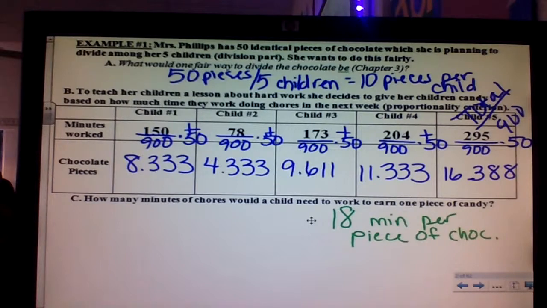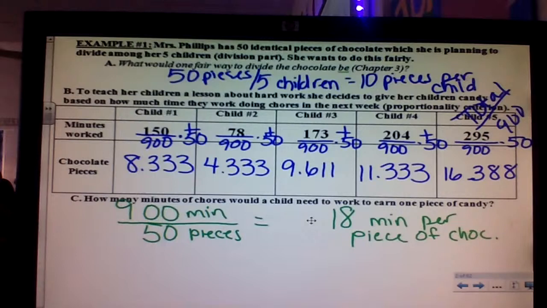So, think about it. You've got 900 minutes available. And in 900 minutes, we're giving out all of the chocolate. That would give you 18. This also gives you 18. Just like we did up there, your total amount of chocolate divided by the children gives you how many pieces per child.